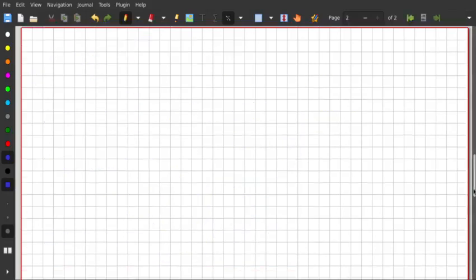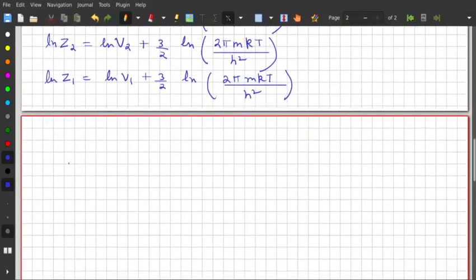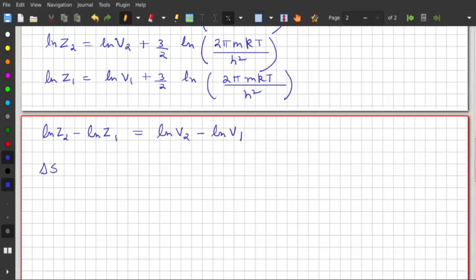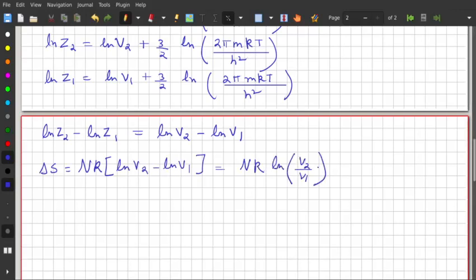And therefore we have log z2 minus log z1 is nothing but log V2 minus log V1. The entropy change S could be written as N Boltzmann constant (log V2 minus log V1), or written as Nk log (V2 over V1).